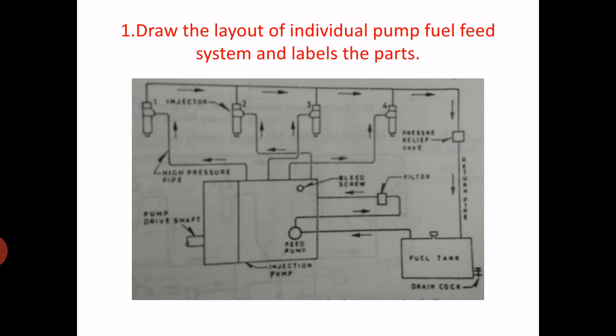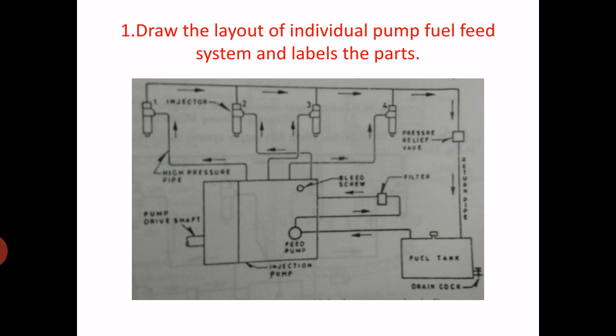The first one is the fuel tank, then the fuel feed pump, then there is a filter and the FIP, fuel injection pump, then the high pressure lines, then 4 injectors for a 4 cylinder engine, then there is a return line, so fuel returns to the tank. That is to draw and label it, but you can explain it also if it is for 10 marks.